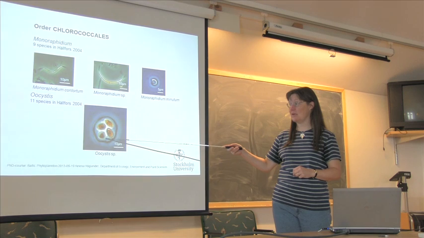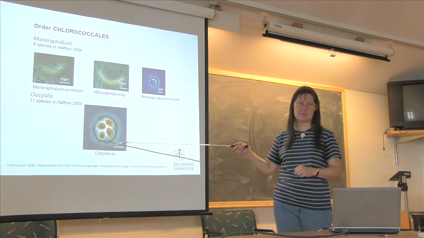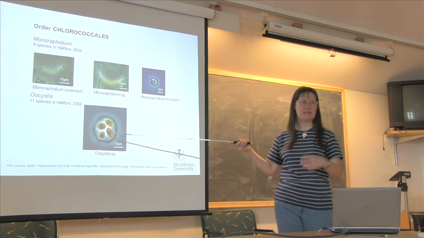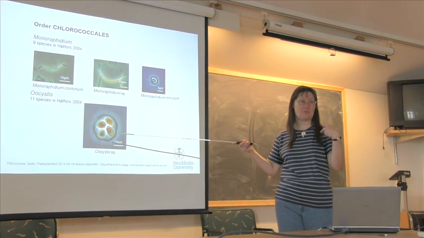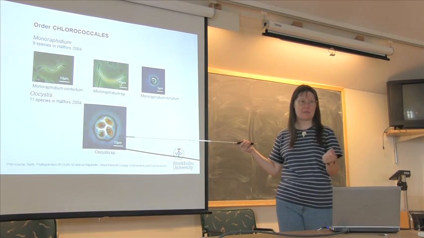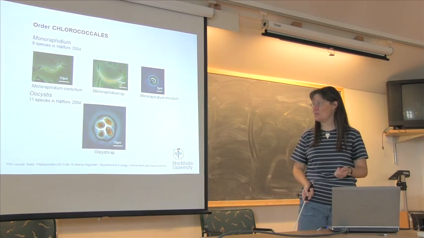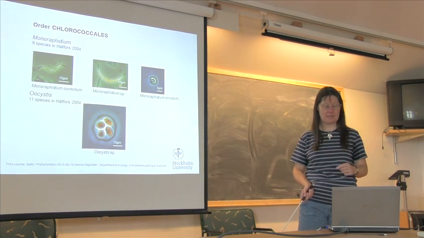And these occur during summertime, and they can be very abundant at the same time as you have cyanobacteria. I've seen a lot of them, so I wonder if they can easily take up the nutrients, which is why they occur at the same time. But maybe the cyanobacteria are leaking something that they can use, or I don't know. But they occur during summertime, and also when there are a lot of nutrients, they can be very abundant too.